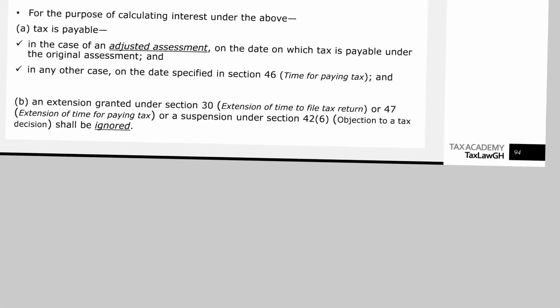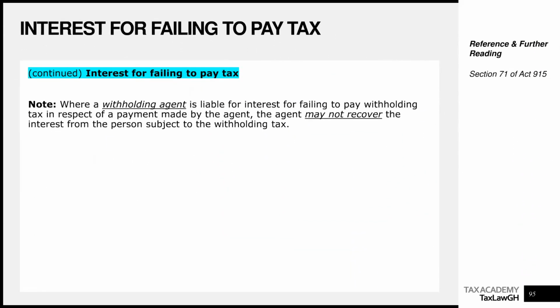How about the next one? Oh, and very important before we move on: where a withholding agent is liable for interest for failing to pay withholding tax, you cannot go and recover the interest from the person subject to withholding. So let's say I was supposed to withhold 3% from you for the supply of goods.